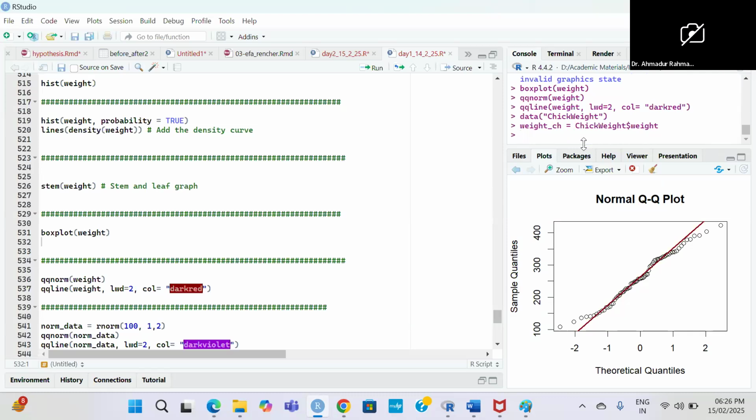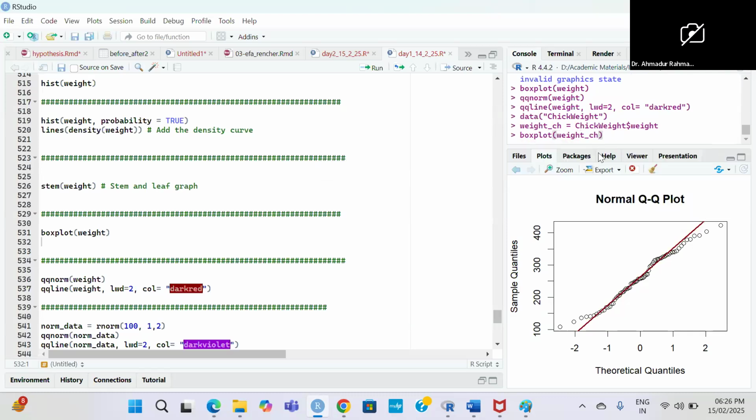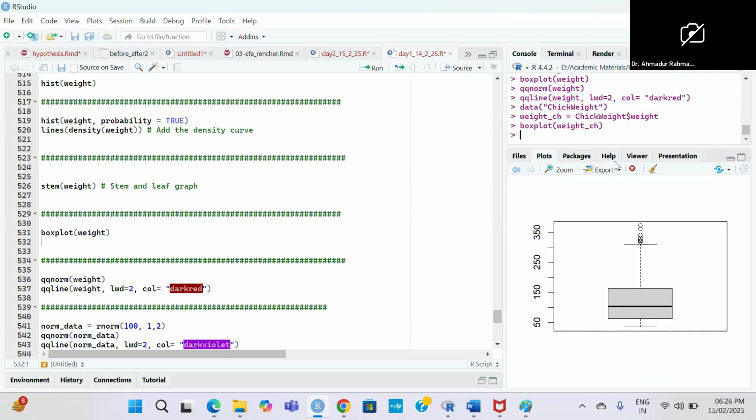Okay, and then we use a box plot of this weight. Okay, run this.